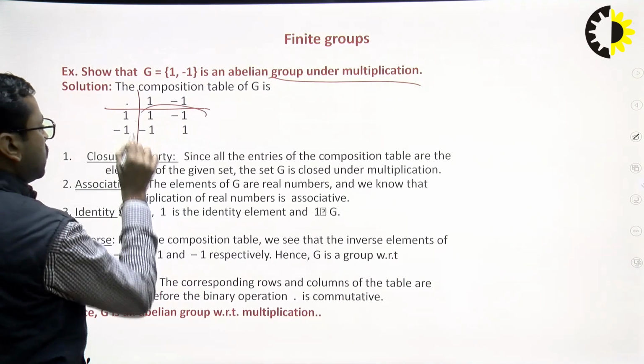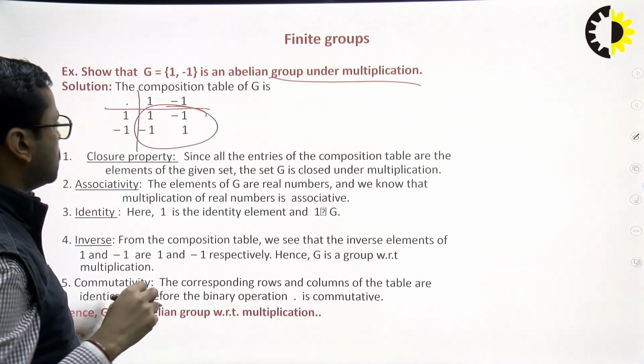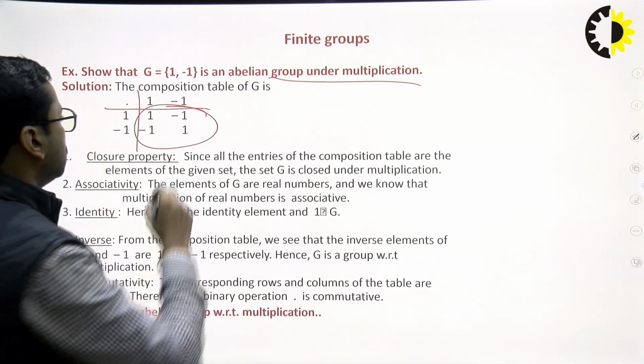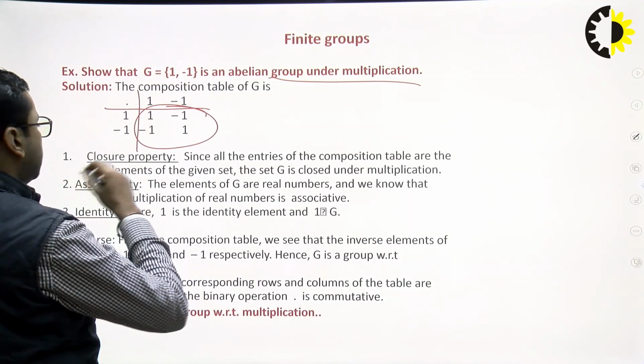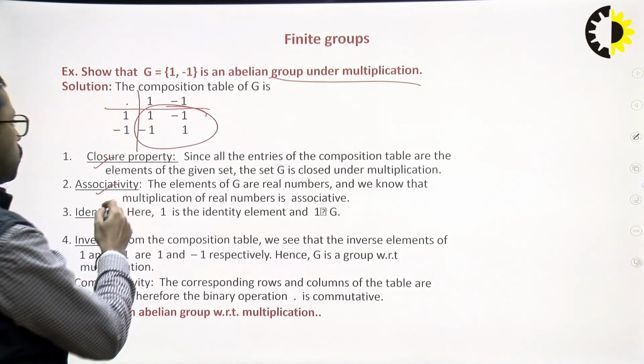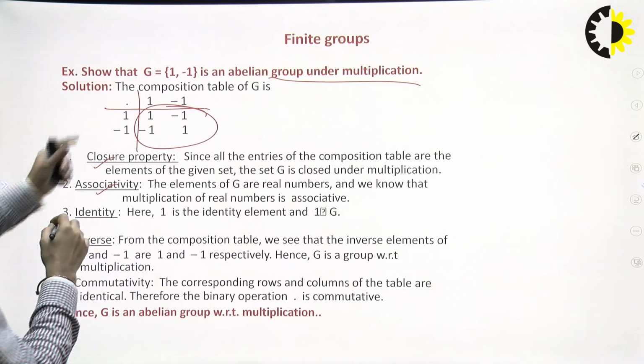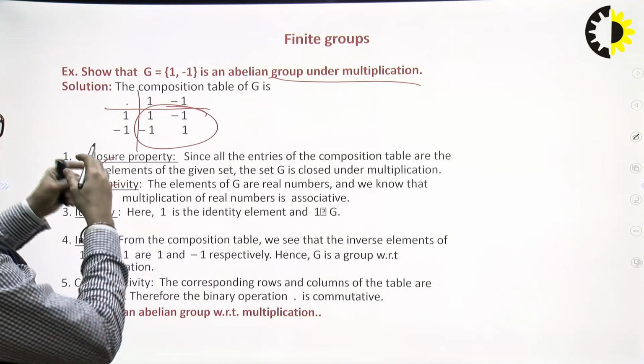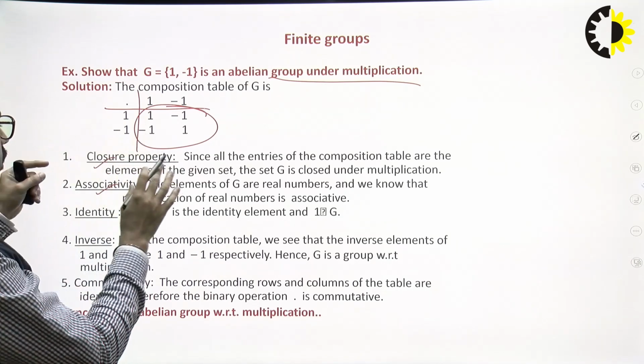All the values after applying the operation exist in the non-empty set, so the closure property is satisfied. The associative property is also satisfied, because after changing the order in different ways, the value will not change.